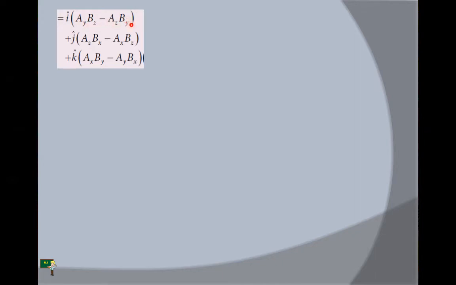If you know the matrix, you can easily define this, plus J cap AZ BX minus AX BZ, plus K cap AX BY minus AY BX.